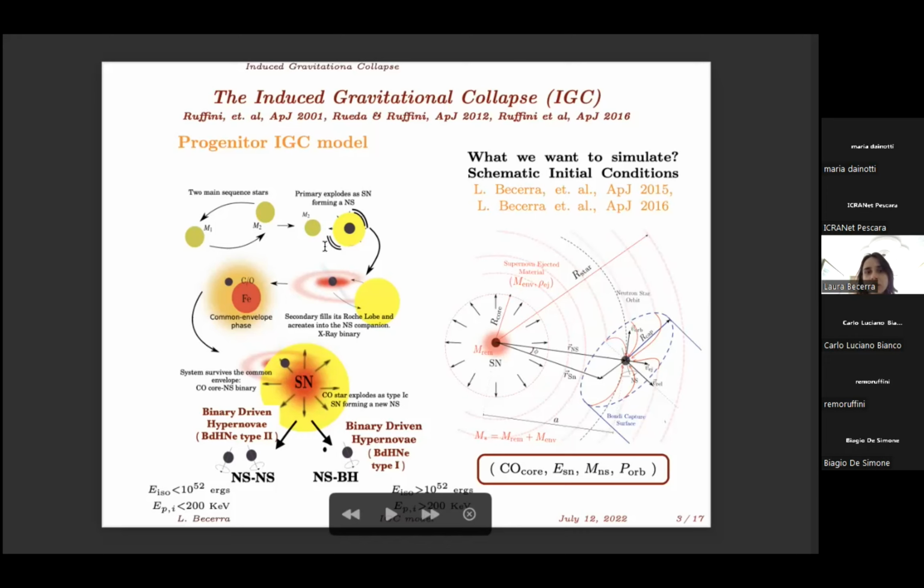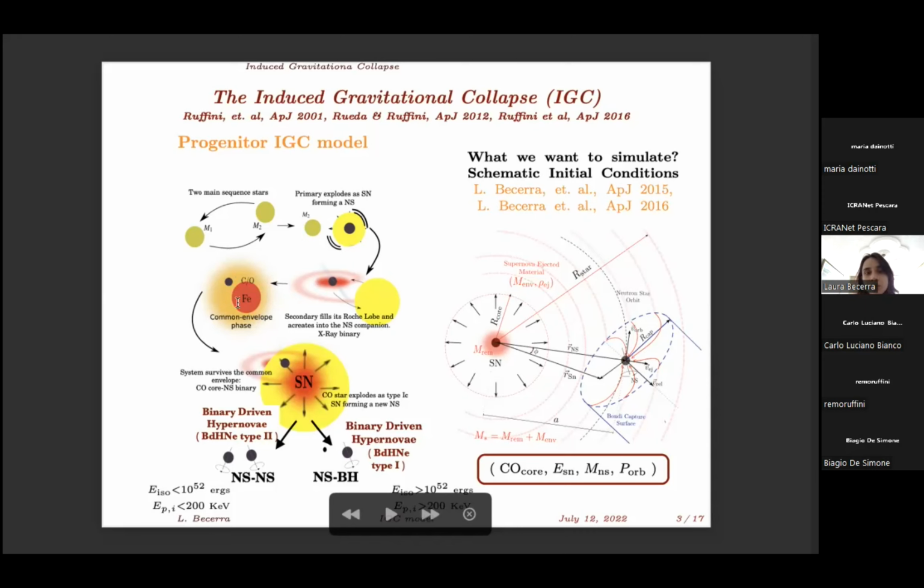And these two stars, if they remain bound, will interact with each other through phases of Roche lobe overflow and common envelope phases. In this way, the main sequence star will lose its hydrogen and helium outermost layers, and the system will be formed by a carbon-oxygen core and the neutron star.